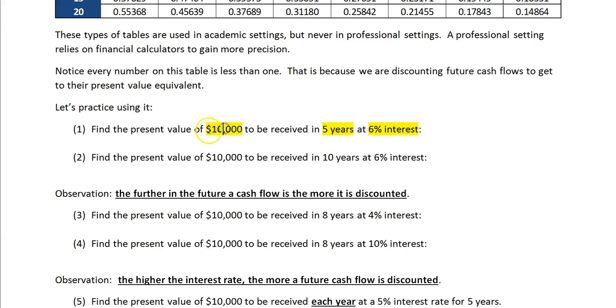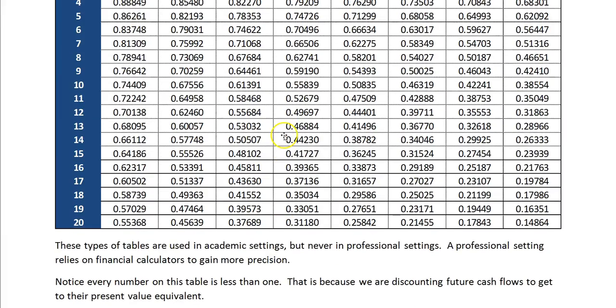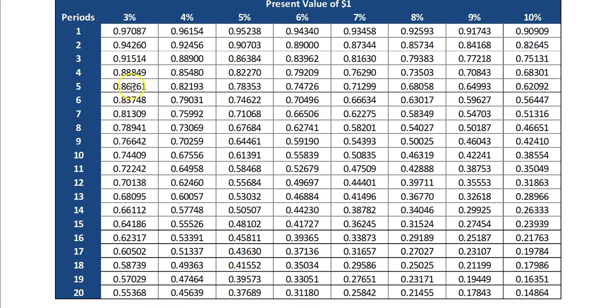Let's get back to the question. $10,000 to be received in 5 years, 6%. So we just need to find the 5-year 6% number on here. 5 periods, 6% per period. We're going to take the cash flow and multiply it by this number, the 0.74762.